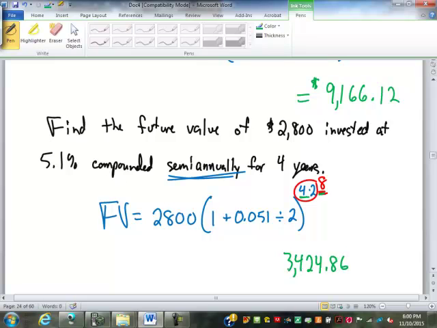So $3,424.86. What do you think? Not terrible? I want you guys to try something.